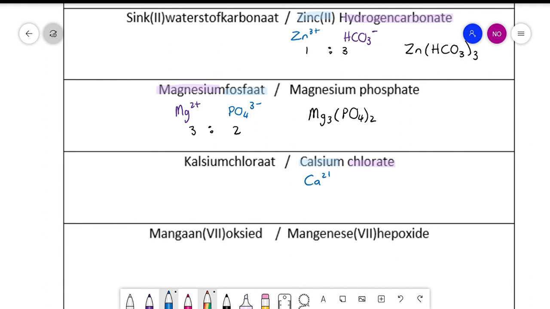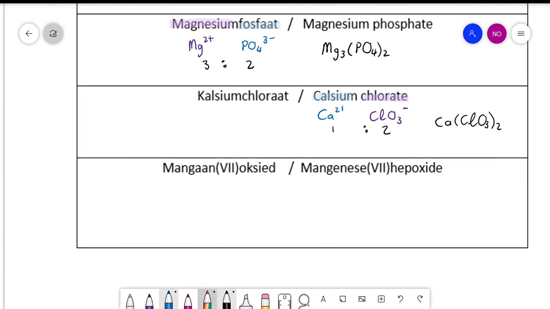En chloraat, I think that might have been a spelling mistake. Oh no, it's not. Sorry. Chloraat is ClO3 minus. Okay, so then they bond 1 to 2, and because this is polyatomic, I'm going to put it in a bracket. Ca, one of them, and then (ClO3), the two of them.